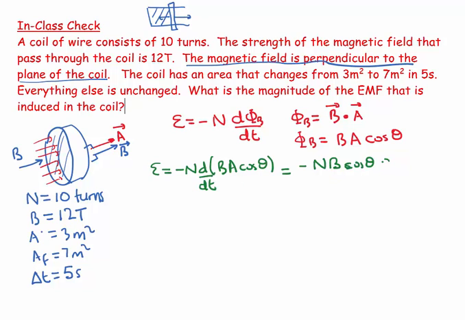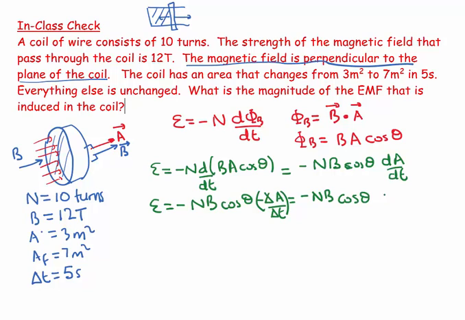So we end up with dA by dt. So my EMF is equal to minus n B cosine theta times delta A by delta t, which equals minus n B cosine theta times A final minus A initial over the amount of time taken.